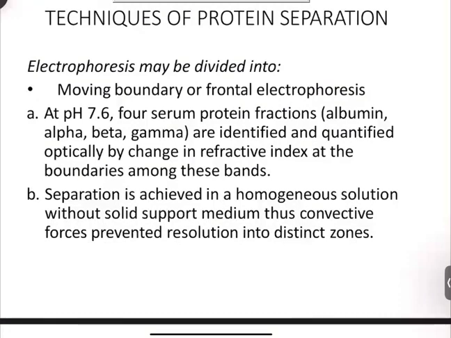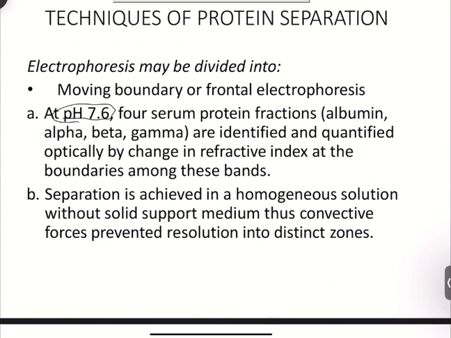Techniques in protein separation. Electrophoresis may be divided into moving boundary or frontal electrophoresis, at a pH of 7.6, slightly neutral. For serum protein fractions, your albumin, alpha, beta, and gamma are identified and quantified optically by change in refractive index at the boundary among those bands.